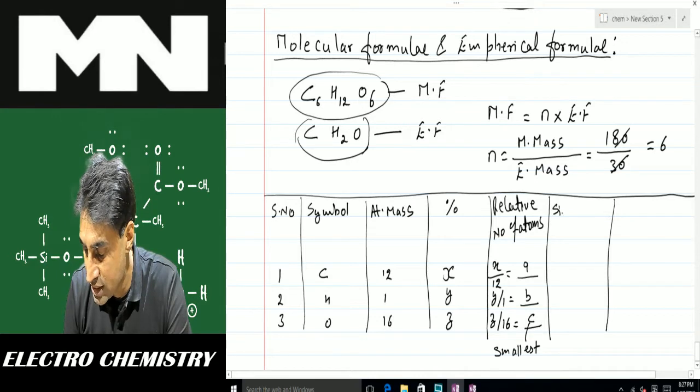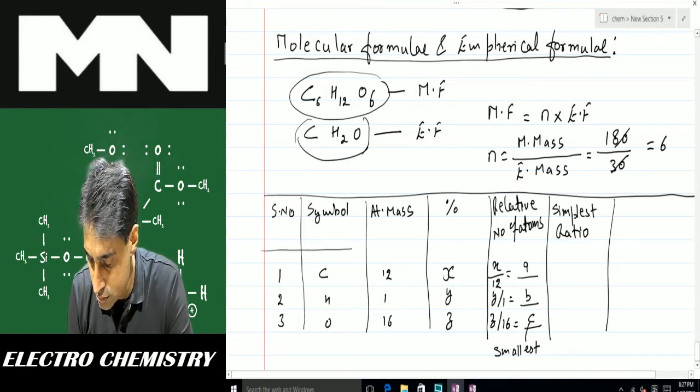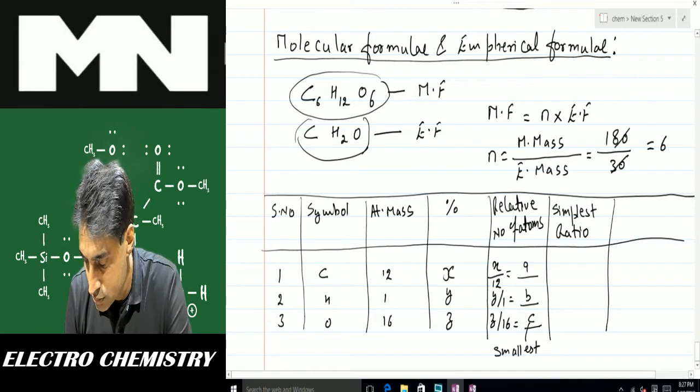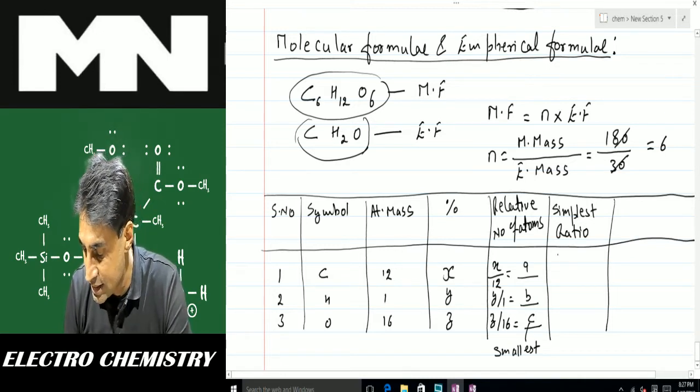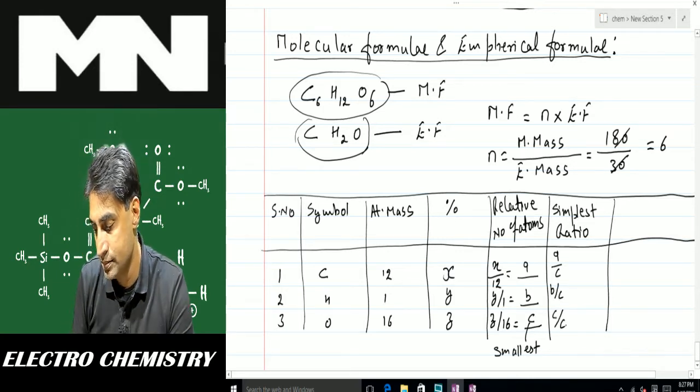So the next column is the simplest ratio. In this case it is A by C, in the second one it is B by C, and in the third one it is C by C.